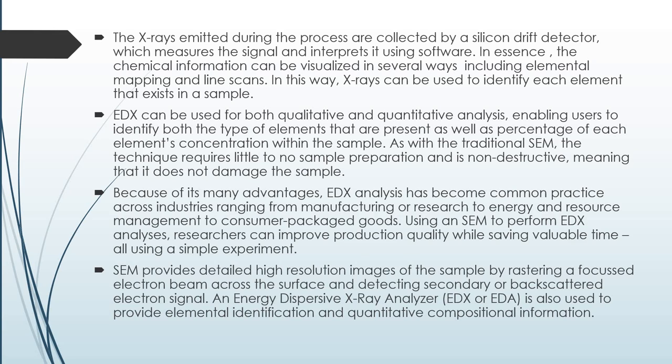In this way, X-rays can be used to identify each element that exists in a sample. Interestingly, EDX can be used for both quantitative and qualitative analysis, enabling users to identify both the type of elements that are present as well as the percentage of each element's concentration within the sample.